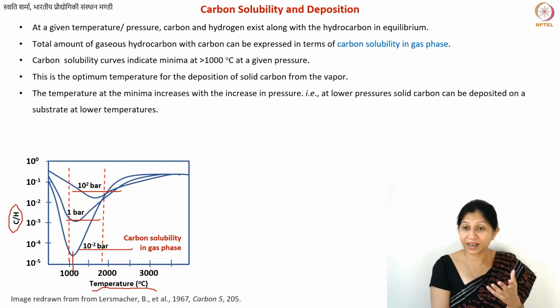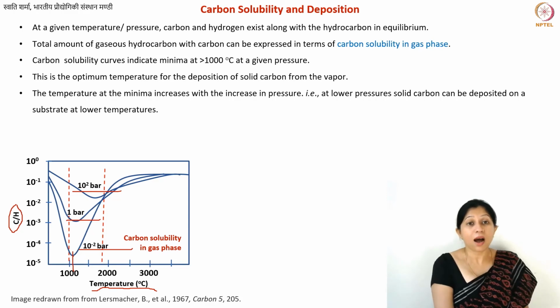Nowadays we use graphene for a number of applications, and by optimizing these parameters you can get better carbon, more graphitic carbon, single layers of carbon, few layers of carbon, and so on.